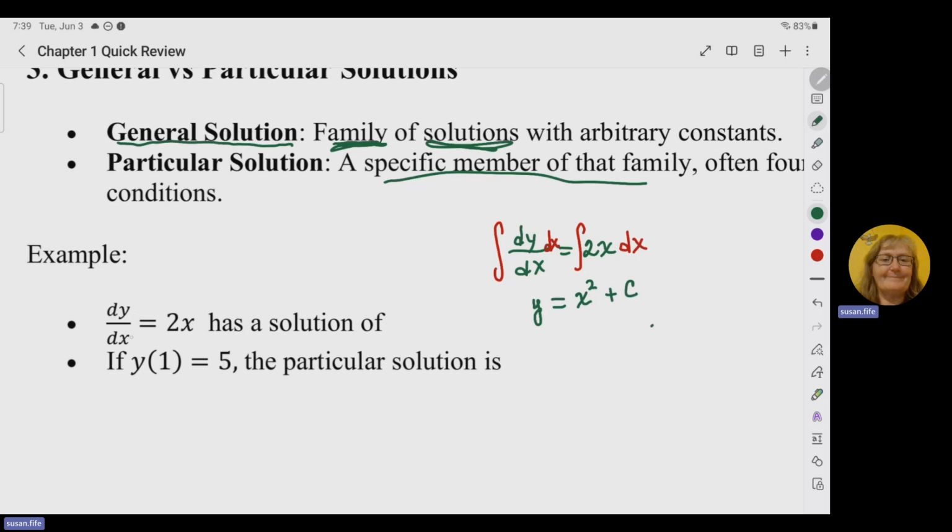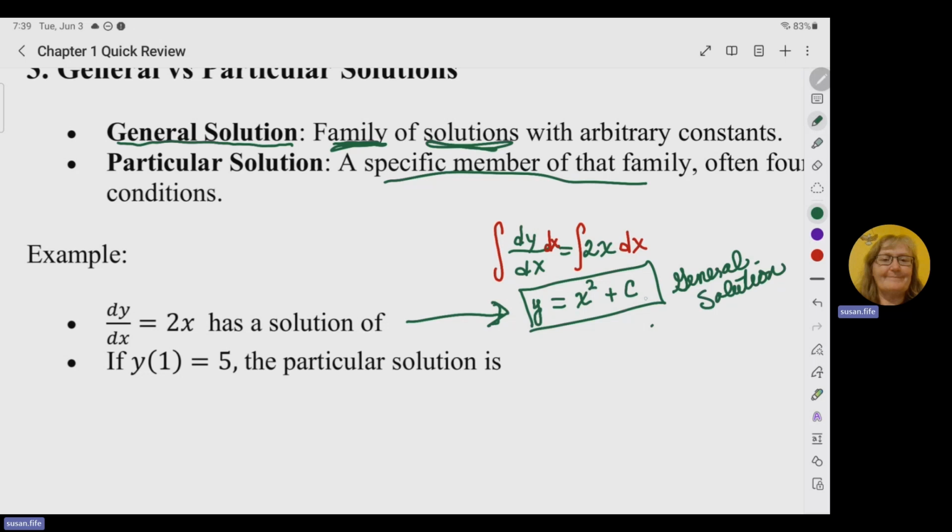So dy over dx equals 2x has a solution of y equals x squared plus c. This is our general solution. It gives you a family of solutions depending upon what that value of c is.